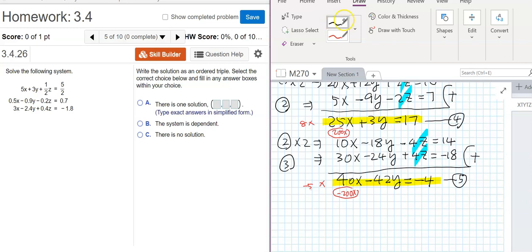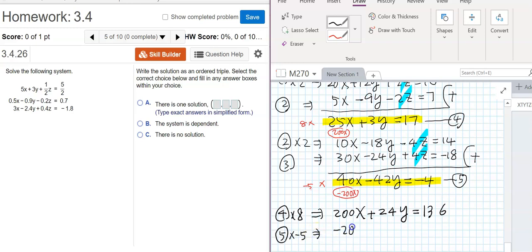So here, equation 4 times 8, because I said I'm going to multiply by 8. That gives me 200x plus 24y equal to 136. And then equation number 5 times negative 5.